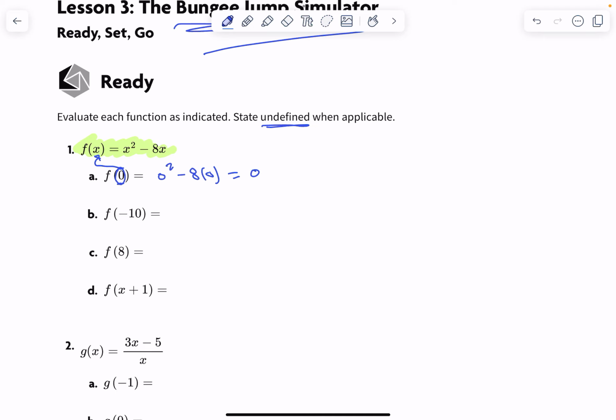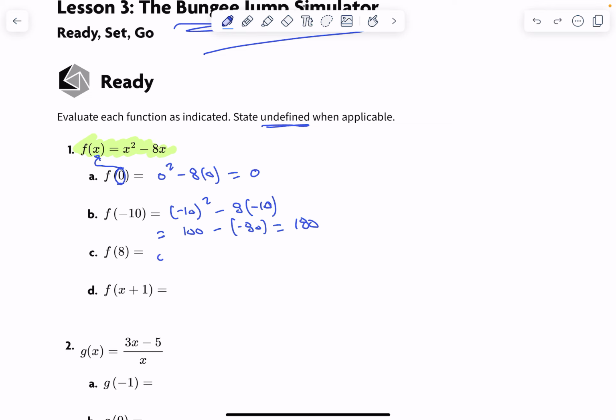We have negative 10 now, so that becomes my x. So negative 10 squared minus 8 times negative 10 is equal to 100 minus negative 80, so this is equal to 180.